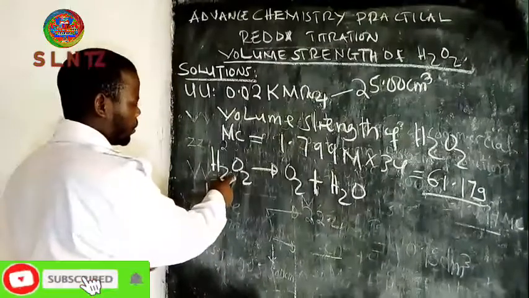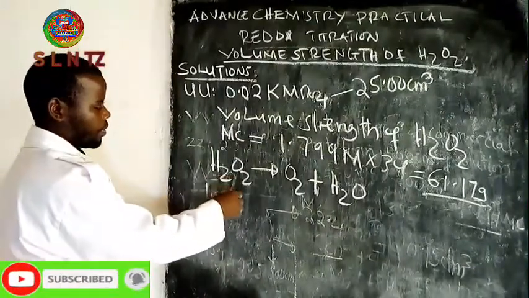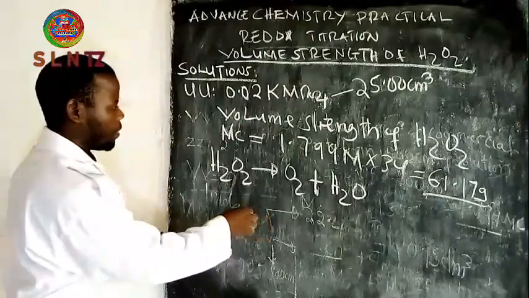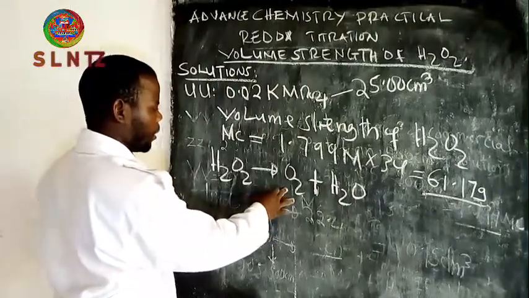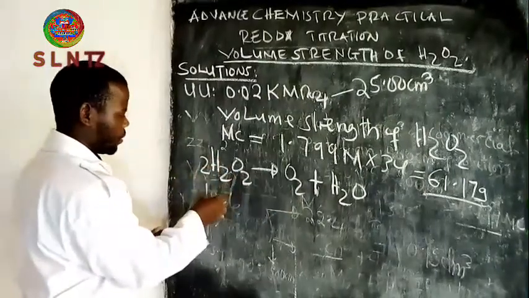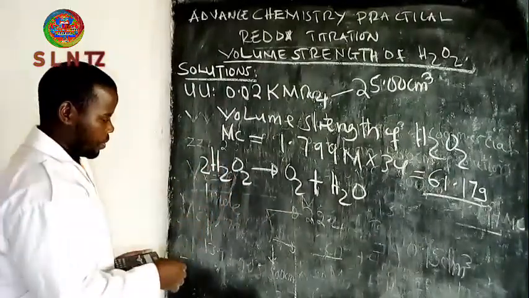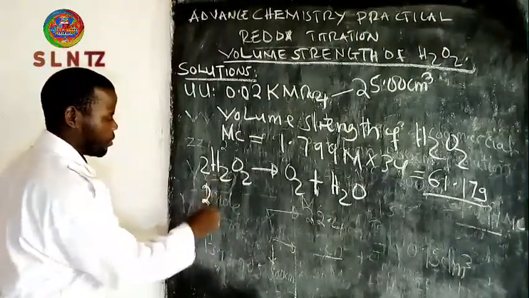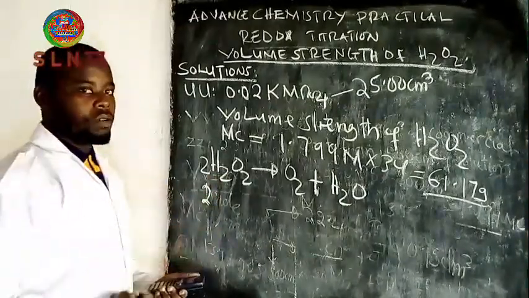When you balance here, there is 2, sorry. Here there was 2 moles. Sorry for the first calculations.